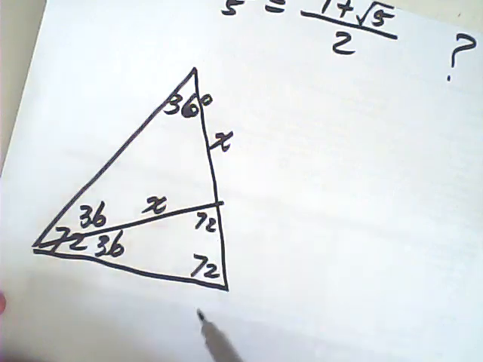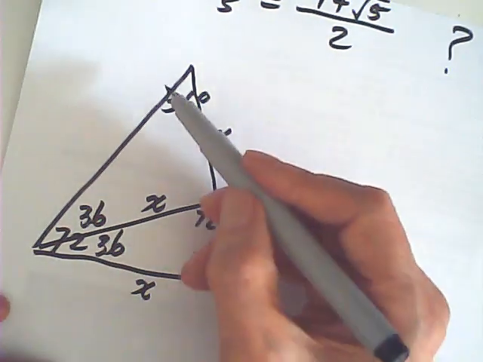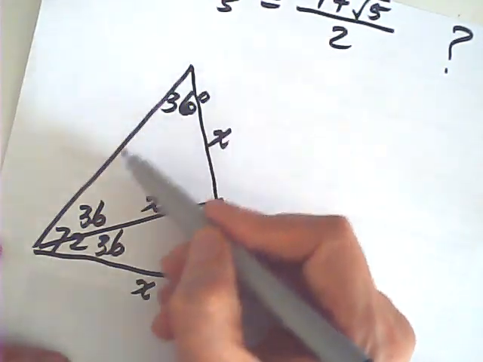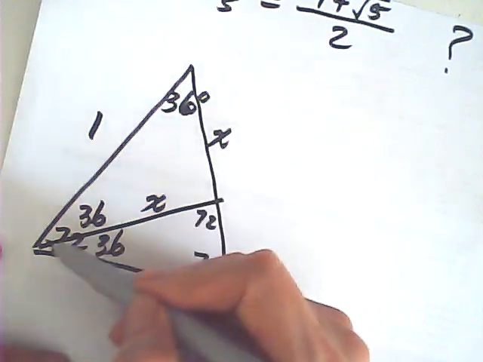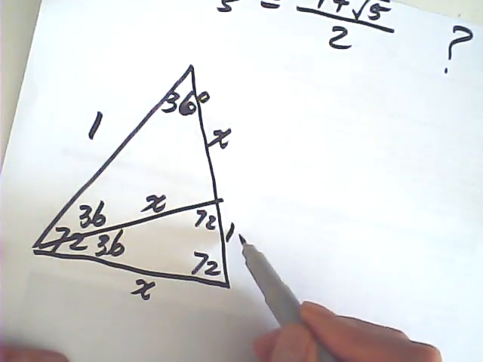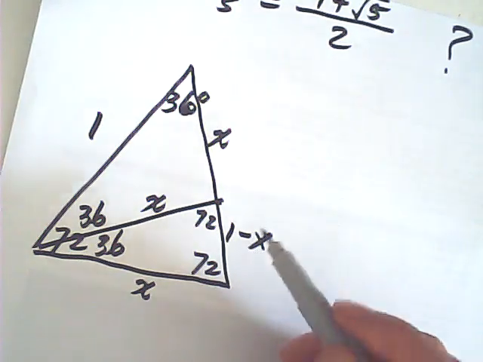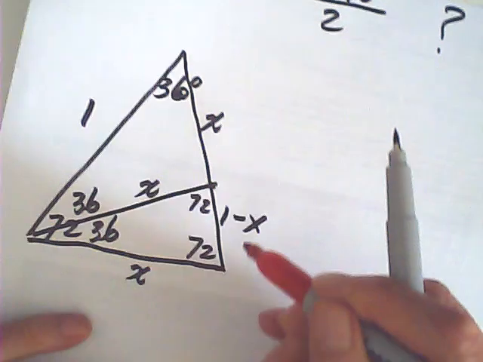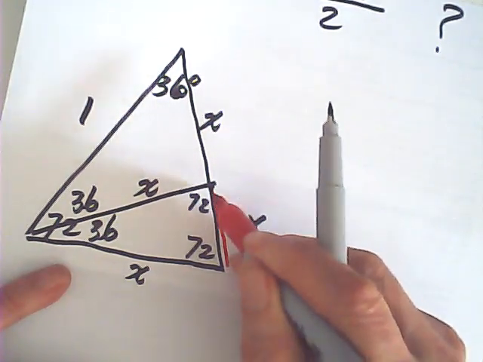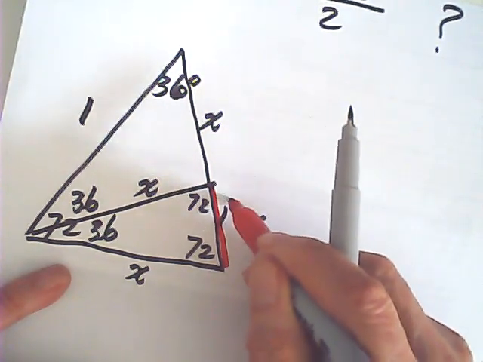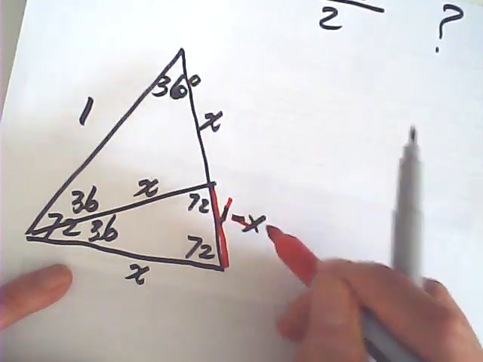This is 72. Therefore, this is also x. If this side is a unit 1, then this is 1 minus x for this side. Let me use this side is 1 minus x.